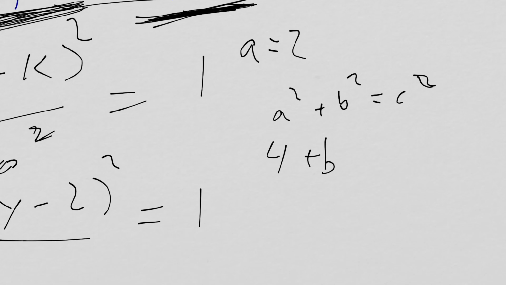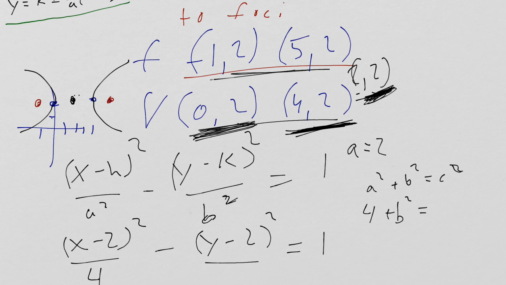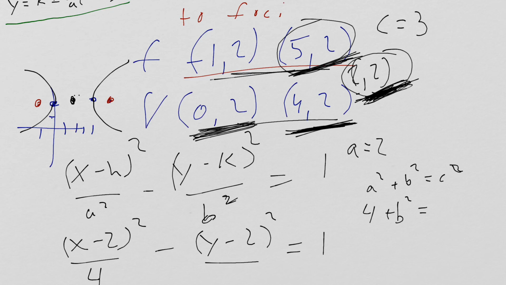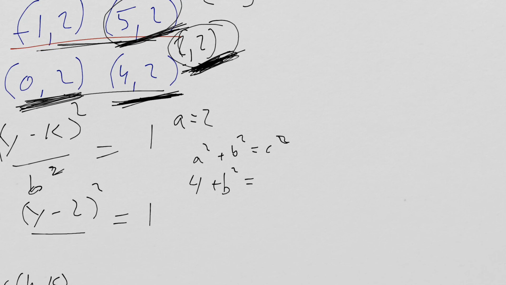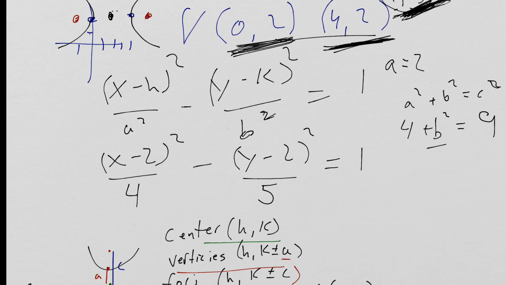We don't know b squared, but we know c squared, because c is the distance from your center, again, to one of your foci. So c is going to be 3, because from (2, 2) to this point is 3 units. So I'm going to put a 9 here. b squared is then 5. This is example 1, and this is your answer for example 1.